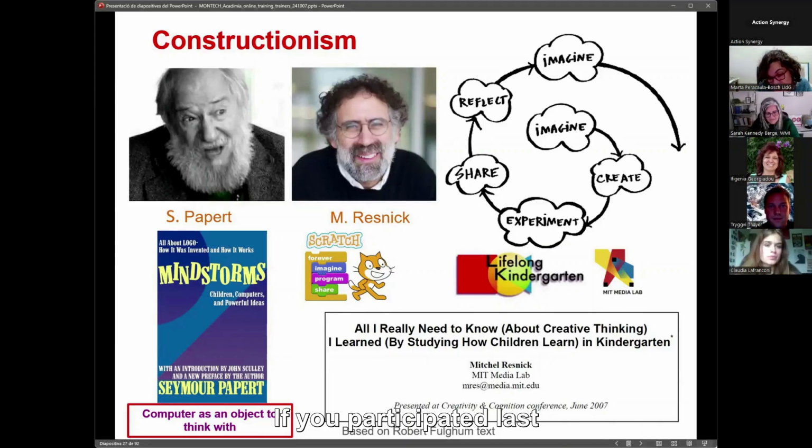If you participated last week in the session about digital storytelling with Edu, he talked about Scratch and why we in the creative technology world are very fond of Scratch and use it very much. He explains it very well there. Mitch Resnick is the founder of the Lifelong Kindergarten in the Media Lab. This is the lab where they develop all these things.